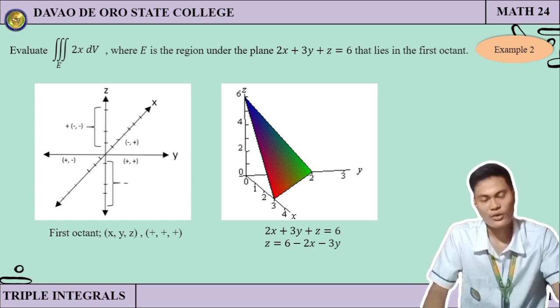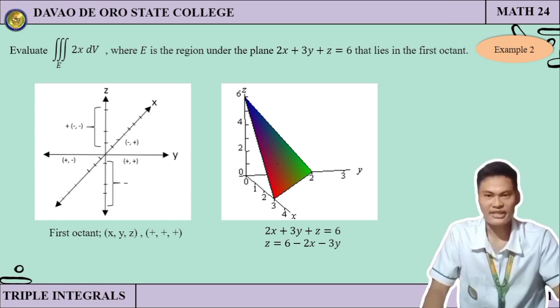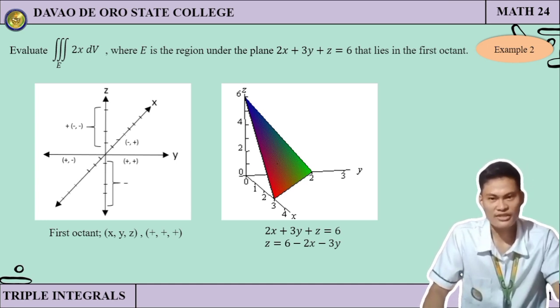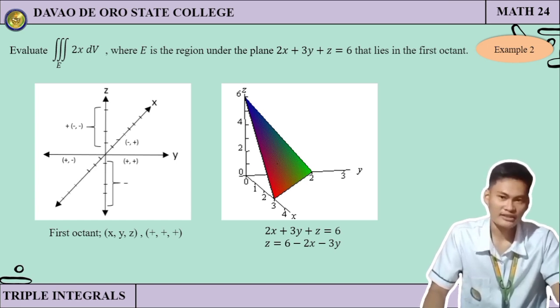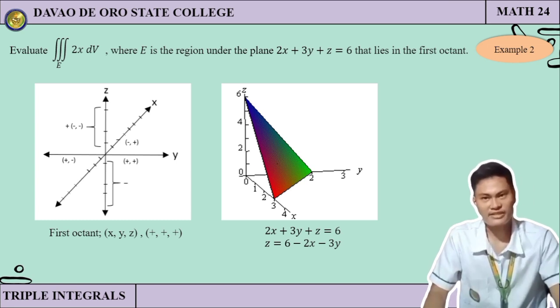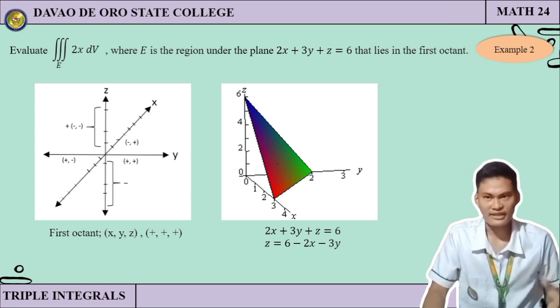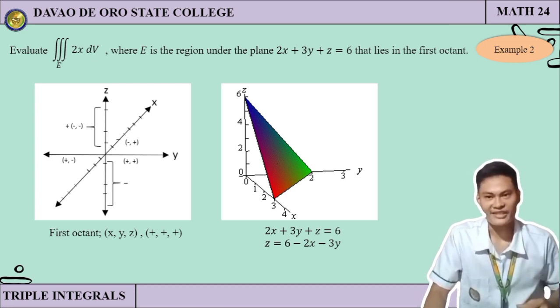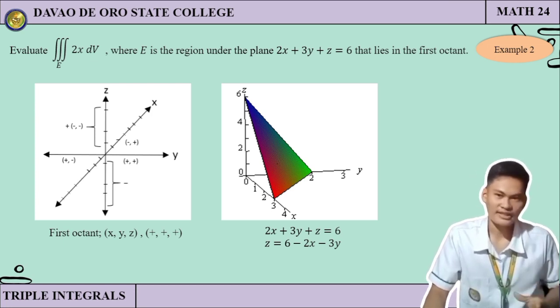So we have to manipulate the z in terms of x and y. Therefore, z is equal to 6 minus 2x minus 3y. And that equation will serve as our upper limit since E is the region under that plane.